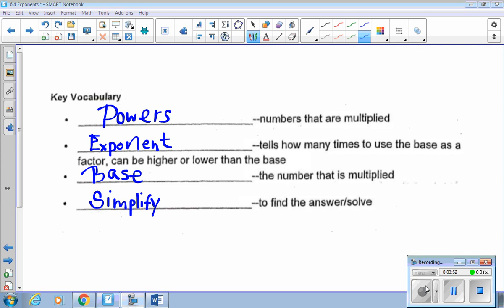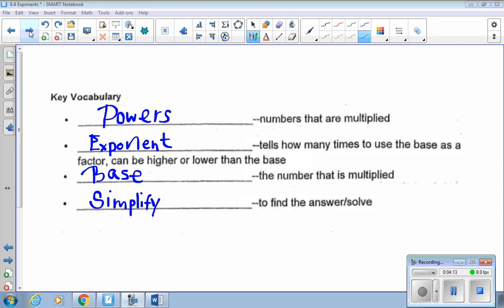You'll see all of these words a lot, which is why we're writing them down. And remember, as you're going through this unit, you can always reference back to this vocabulary if you're unsure what something means. But by the time you get to your quiz, you're going to want to make sure that you're pretty familiar with it.